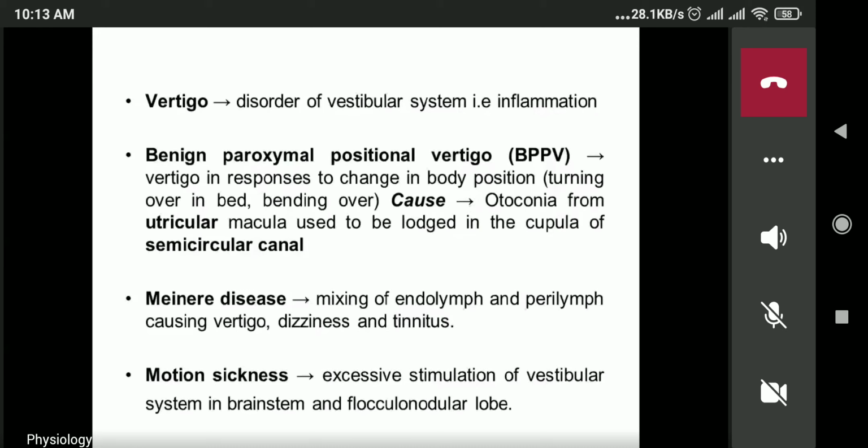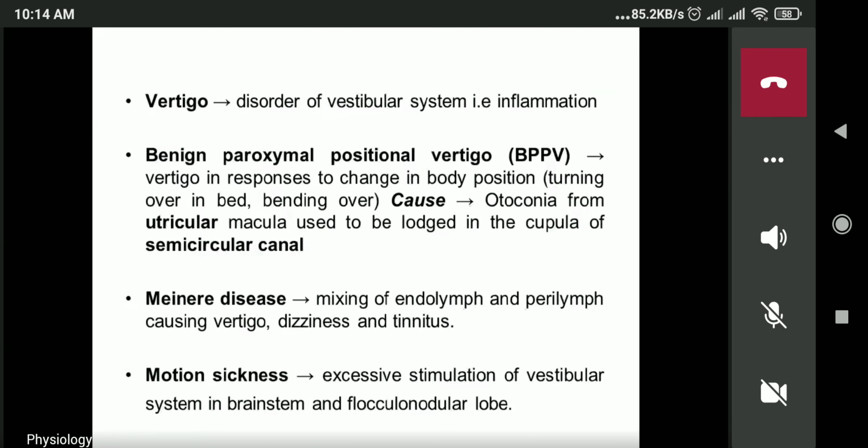Here, even when the person is lying down in the supine position, turning over in bed or bending over, at that time also a feeling of vertigo comes. The cause of BPPV, or benign paroxysmal positional vertigo, is dislodged otoconia from the utricle macula into the semicircular canal.